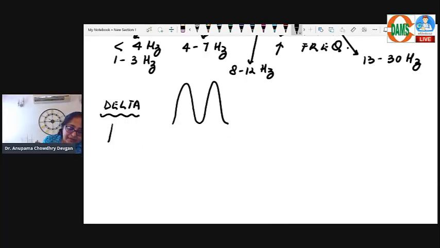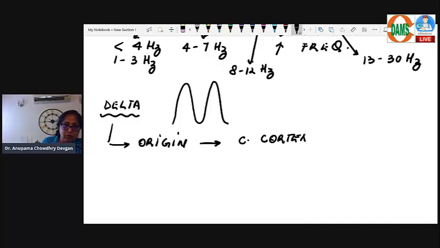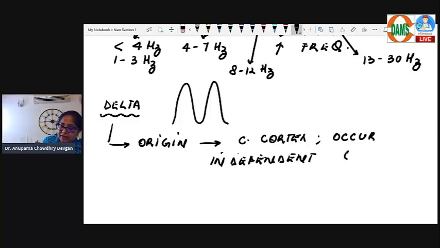Now, the origin of the delta rhythm is going to be the cerebral cortex, but the delta rhythm occurs independent of activity in the lower areas.